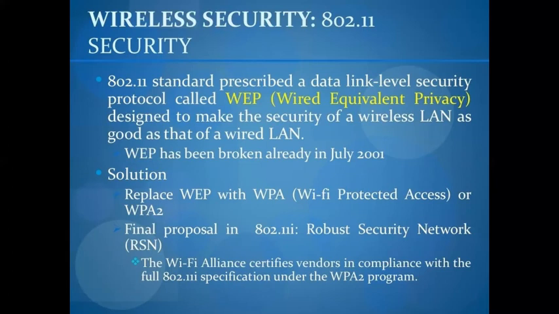The 802.11 standards provide a data link security protocol called WEP, Wired Equivalent Privacy, designed to make the security of a wireless LAN as good as that of a wired LAN.